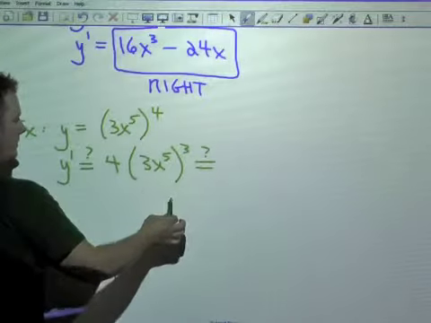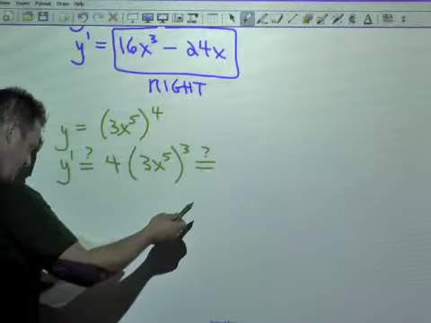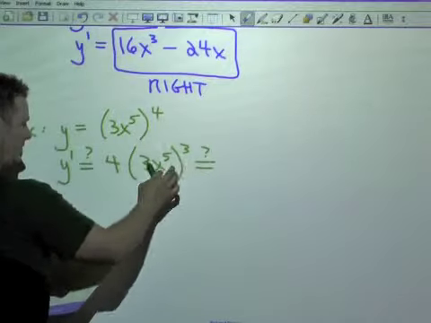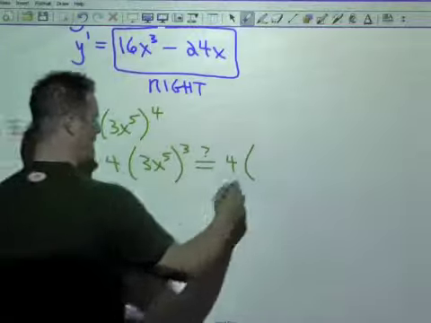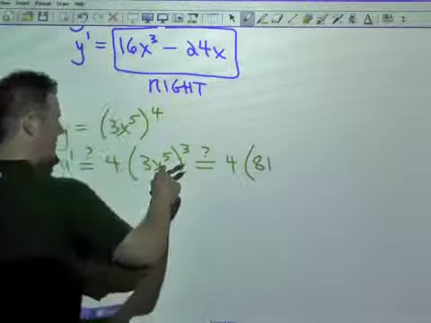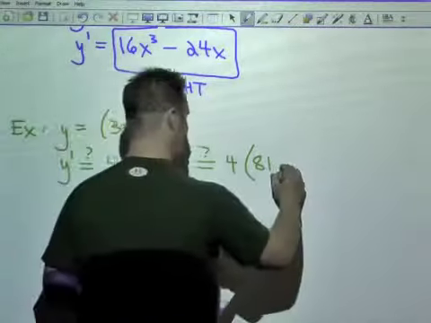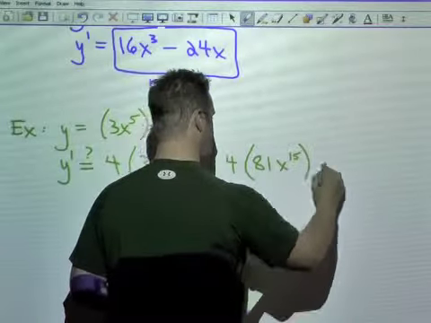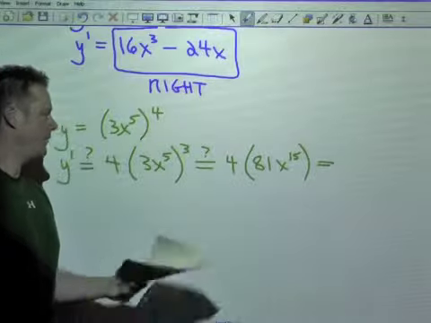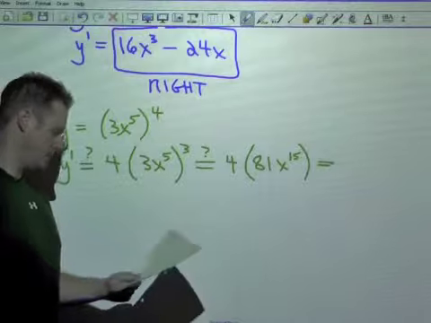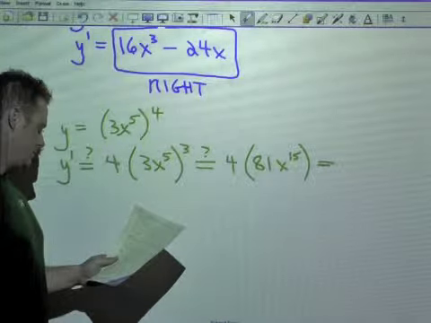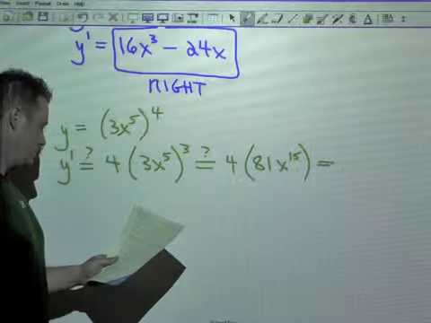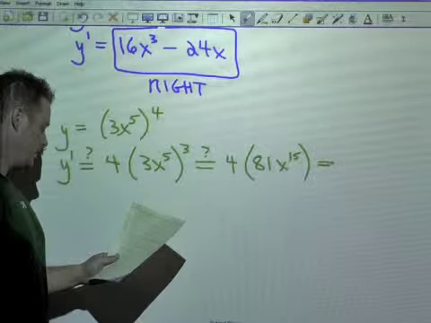Okay? So what I would do to simplify this then is to actually cube this part. So if I cube the 3, I get 81. If I cube the x to the fifth, I get x to the 15th. And then 4 times 81 is going to be, let's see. Do something wrong here.